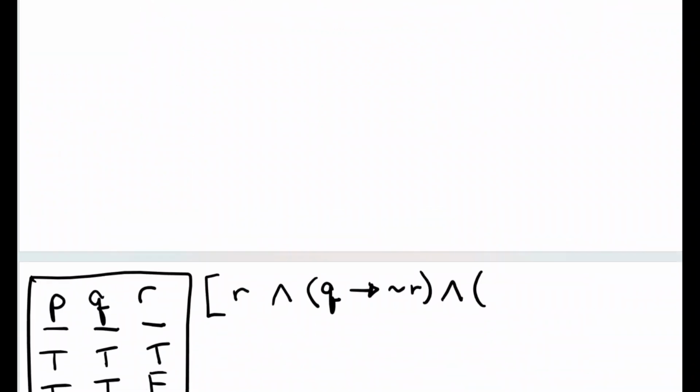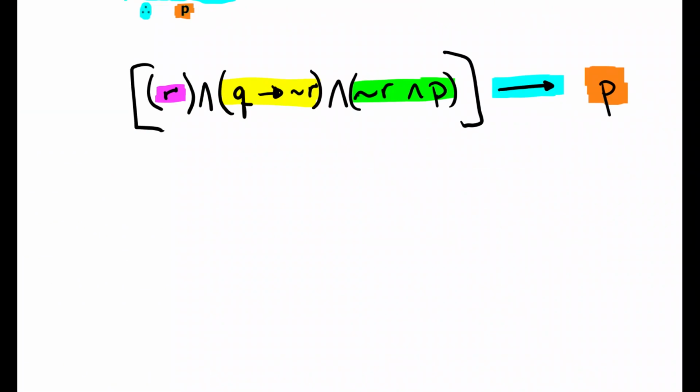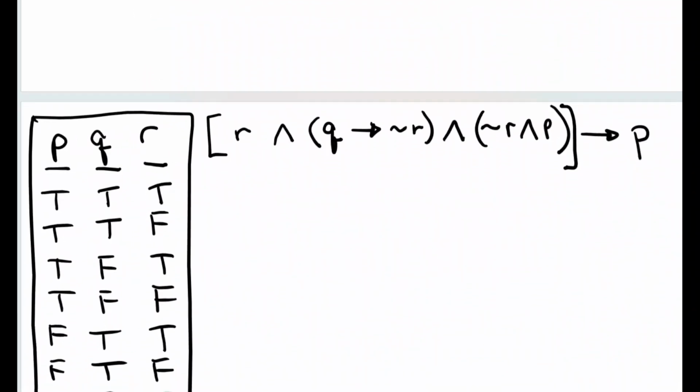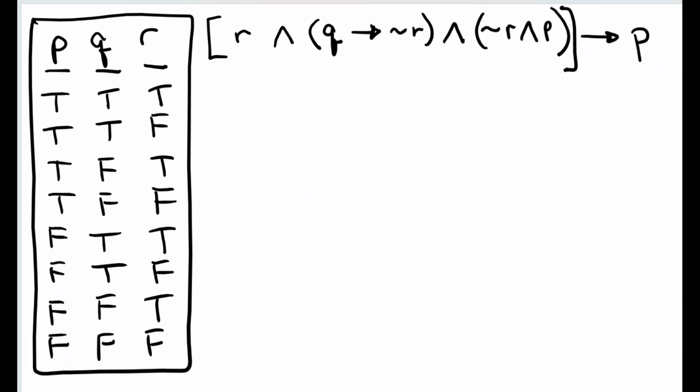Okay, and then it was negation of R and P, and that takes care of the premises. And then the if then, and then it's just a P, right? Yes, okay. All right, so here we go.